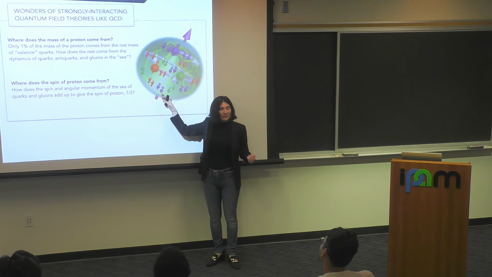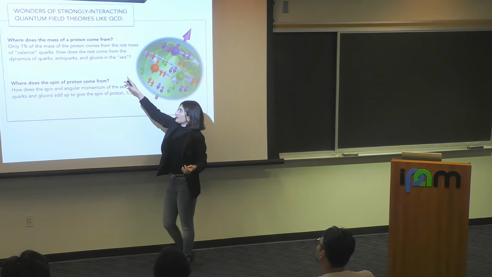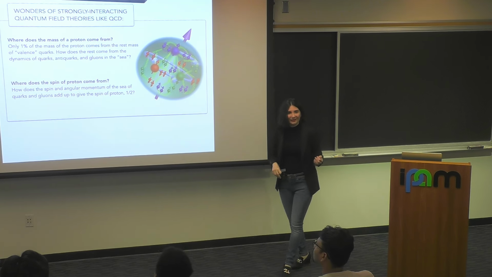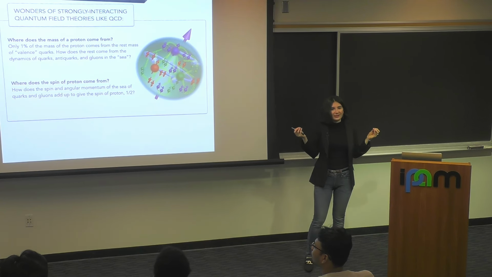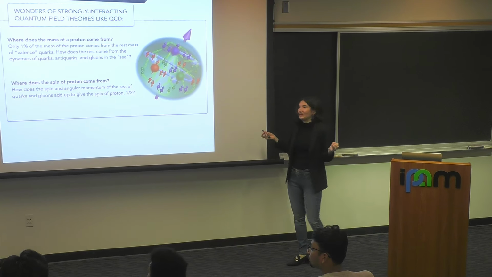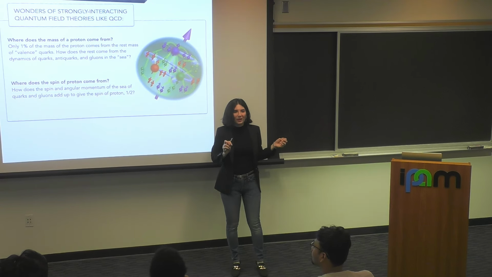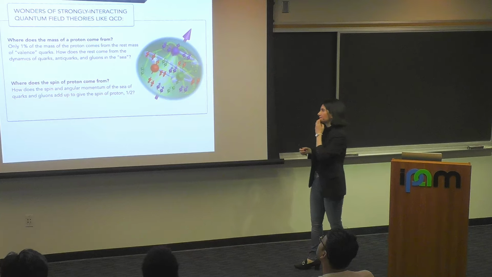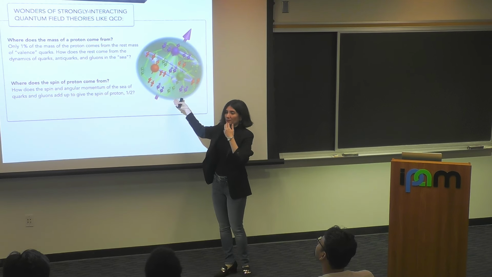And really, the dynamics of these quarks, gluons and antiquarks is what makes the 99% of the mass. So these non-perturbative effects are very important. If everything were perturbative, we would be able to describe the mass of the proton much more simply.